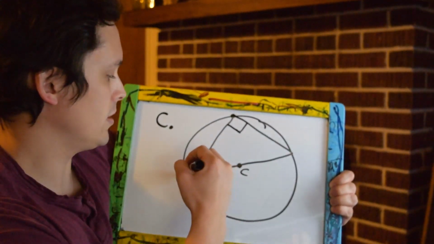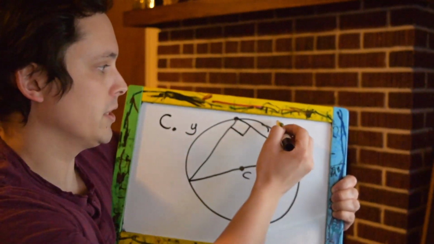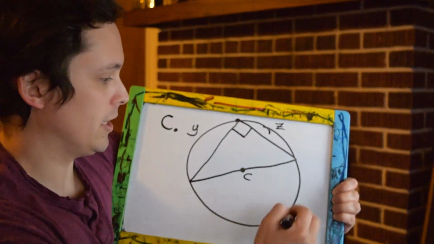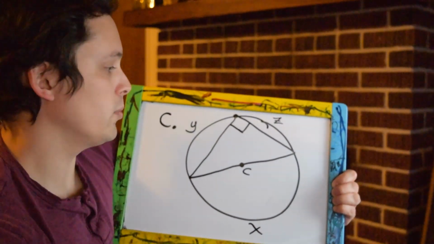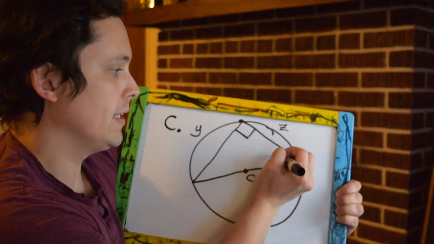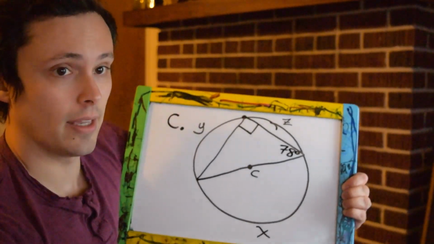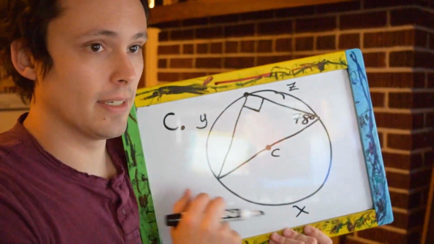We know that this arc measure is y, and this arc measure is z, and the arc measure out here is x. And we know that this angle right here is 78 degrees. And our goal is to figure out x, y, and z.